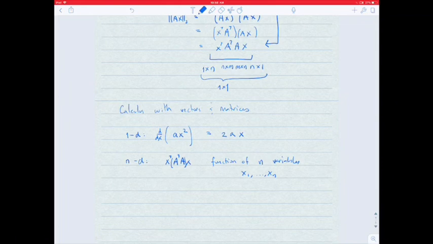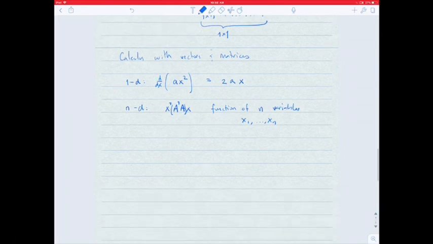And so I could ask for its partial derivatives, in other words, its gradient. So let me write this out formally here. F of x1 to xn is equal to x transpose A transpose Ax. And if we scroll up, you'll see that I could also write this as the sum of the rows of A times the vector x, squared. And I want to take the partial derivatives of this.